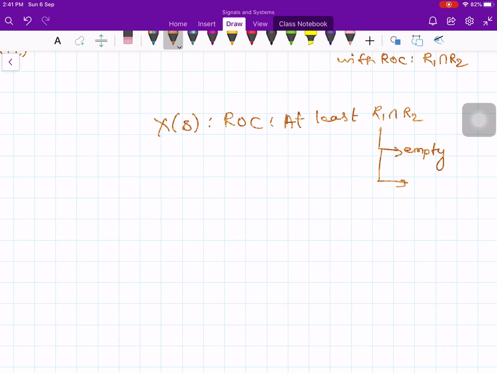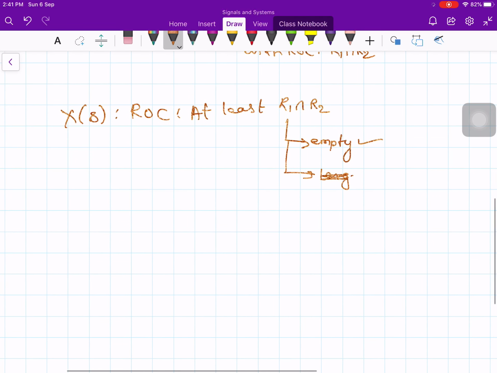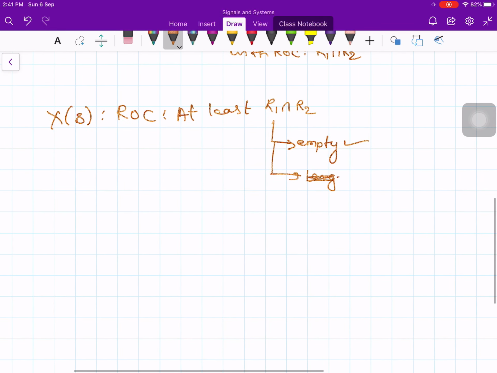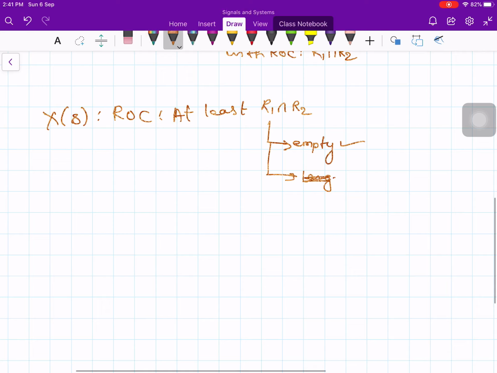If the region of convergence is empty, then in that case x of t has no Laplace transform.